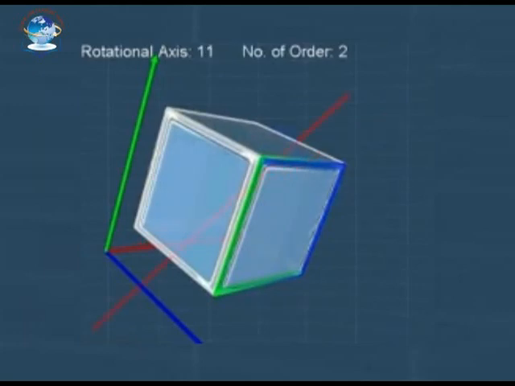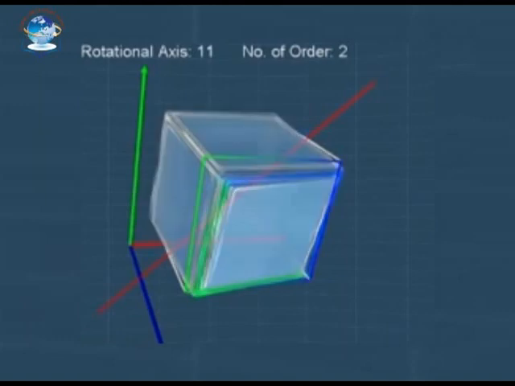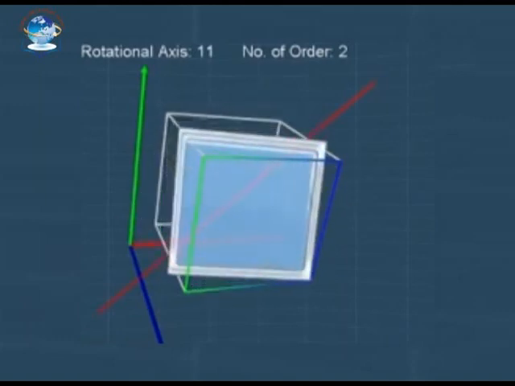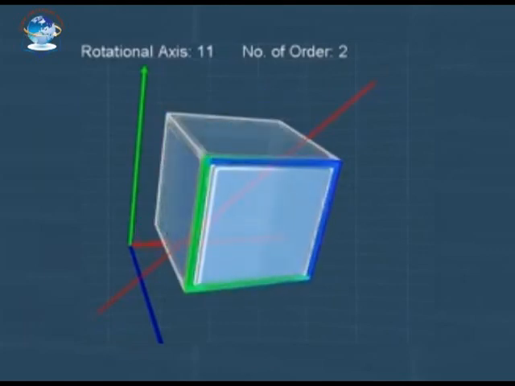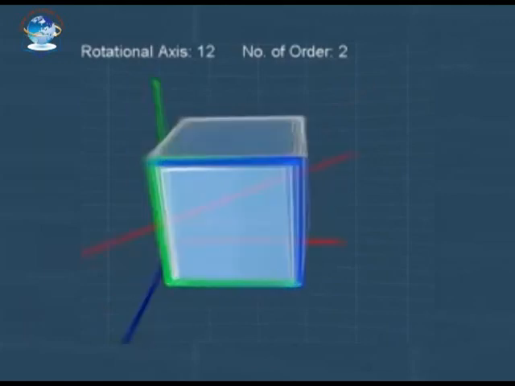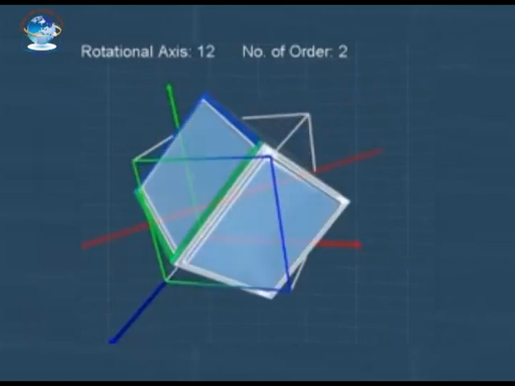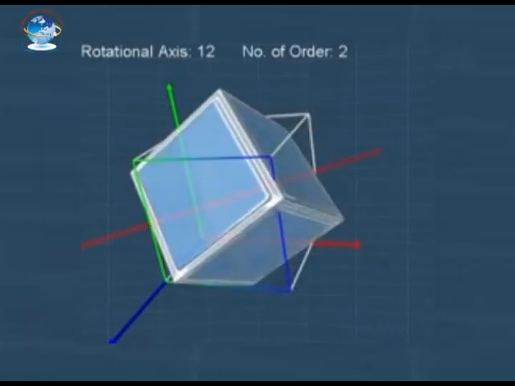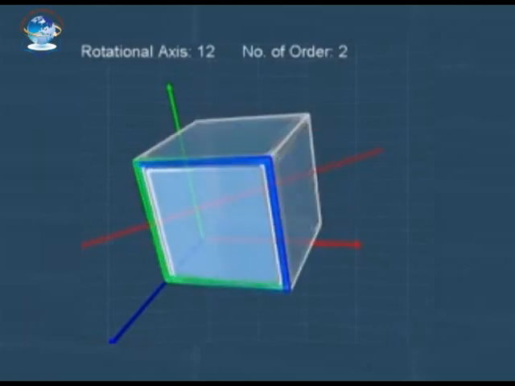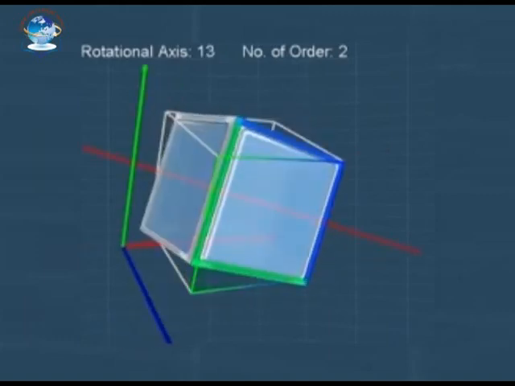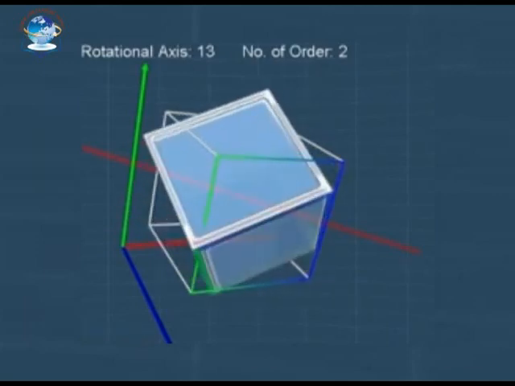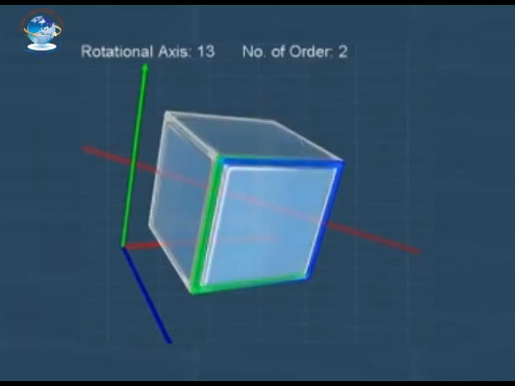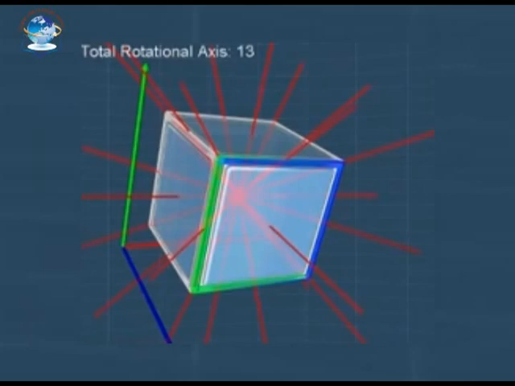For the 11th axis, it has the order of 1, 2. For the 12th axis, it has the order of 1, 2. For the 13th axis, the order is 1, 2. And so this cube has a total of 13 axes of rotational symmetry.